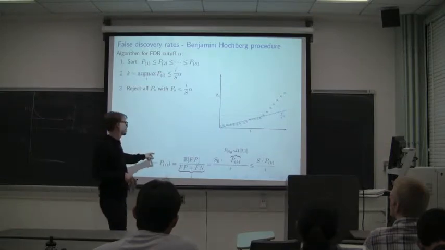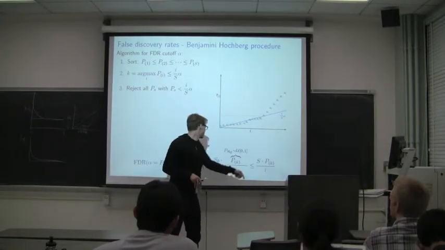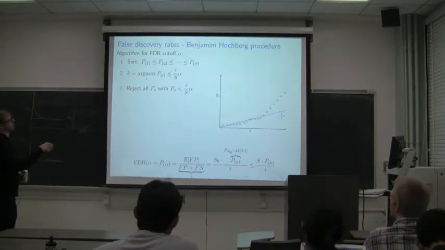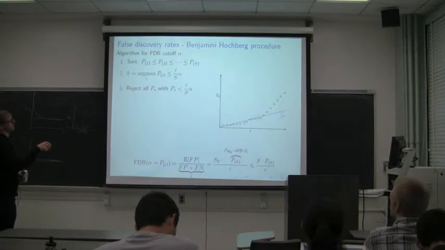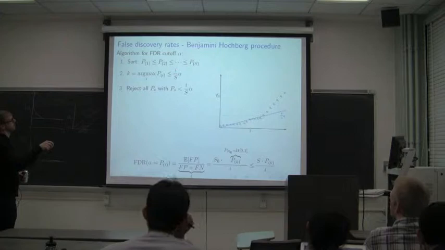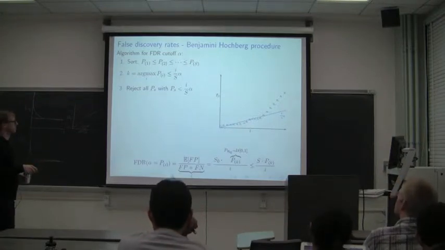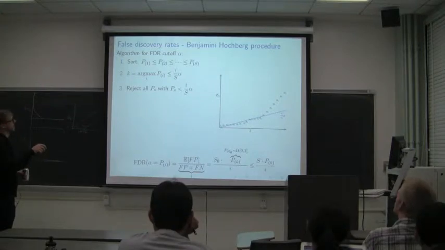It computes this false discovery rate for every threshold, which also means that because we want a cutoff on the false discovery rate, we can use alpha over this estimate.